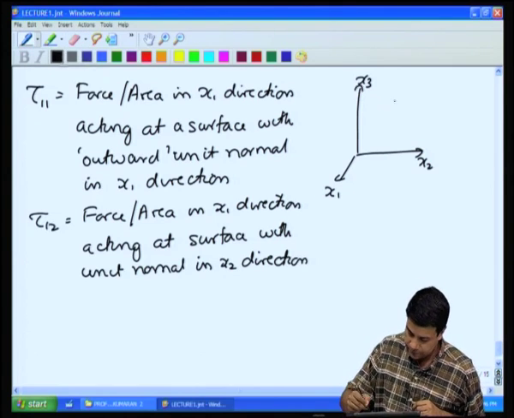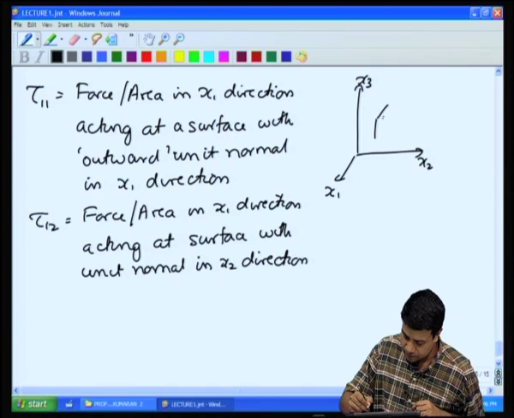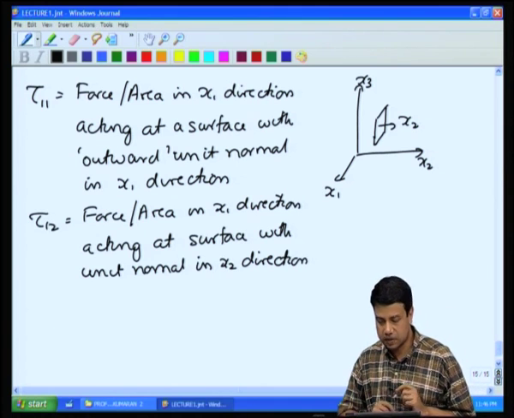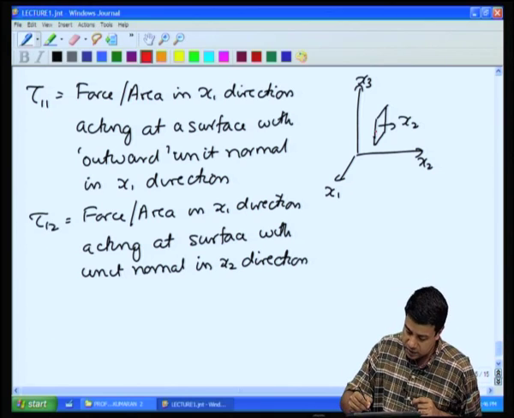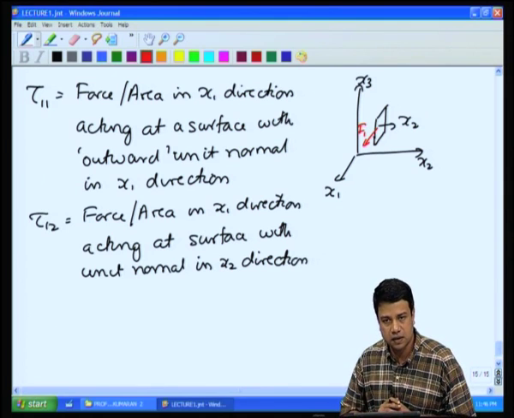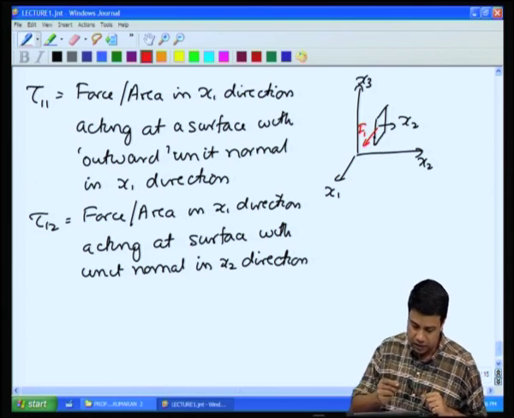So, I measure the force in the x1 direction at this surface, divide that by the area, and I get tau 12. Okay.